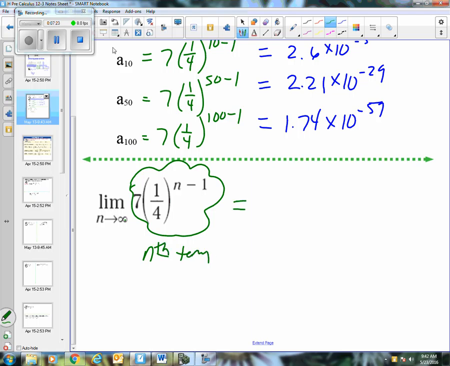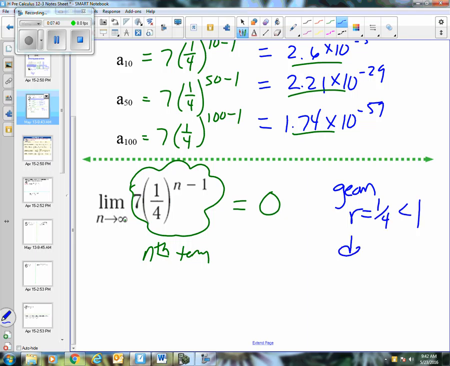The limit is asking us what the terms are getting closer to, so we look at those values. What are these answers getting closer and closer to? Well, 0 for sure. The reason we know that is because it's geometric with a ratio that's less than 1. Because this is less than 1, I know it's going to decay and go towards 0. Now, if this ratio were greater than 1, if you remember Mean Girls, the limit does not exist.